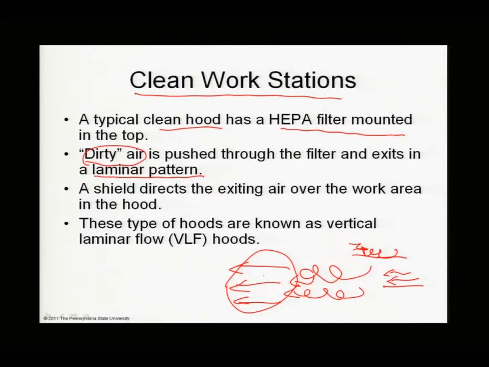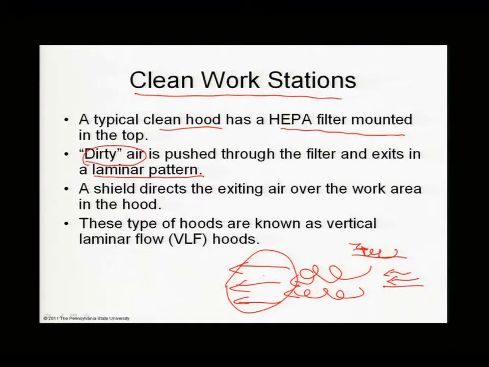So it takes this clean air, and the air then passes over the work area in the hood. And another commonly used terminology for these hoods is vertical laminar flow hoods.